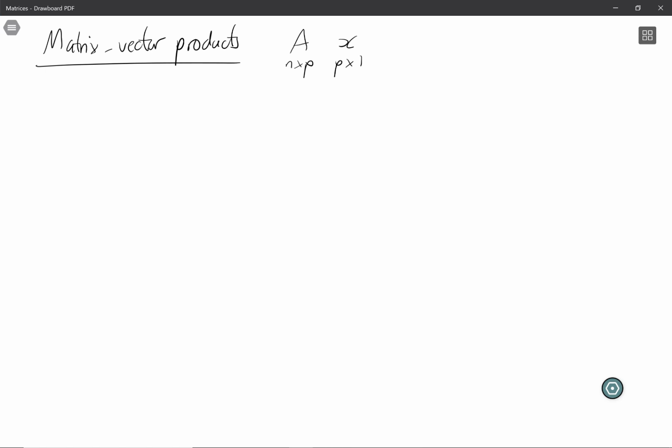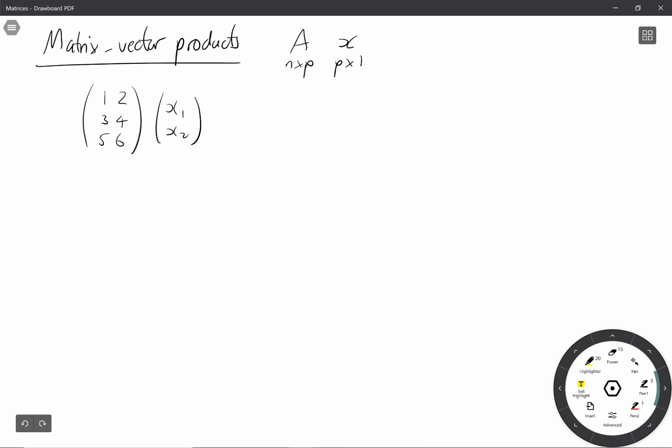So I want to just think about the basics for a minute and think about a matrix multiplied by a vector. So a matrix vector product. So suppose A is an n by p matrix and X is a p by 1 vector. So you probably think of a matrix times a vector in terms of the inner product of the columns with the vector.